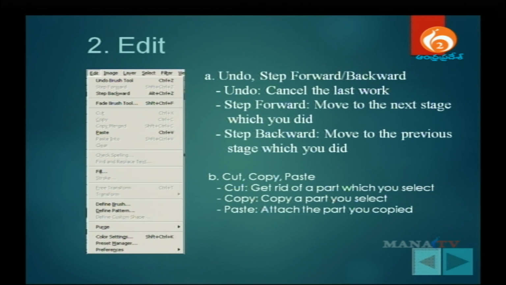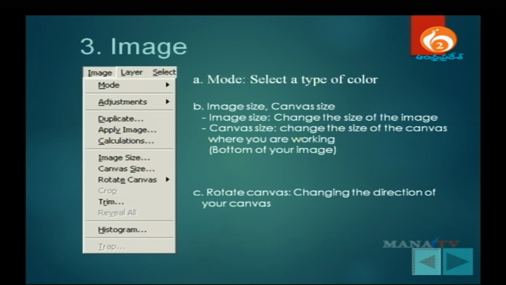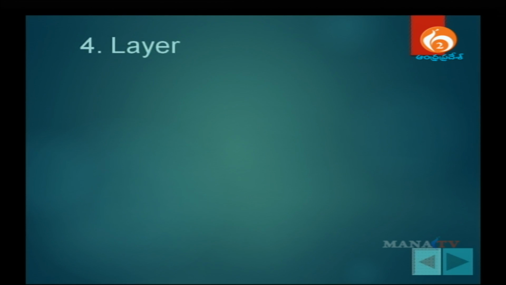Then when I speak about edit, we were learning about undo, redo and a few options, and then we have cut, copy, paste. Then we have image, where we were learning about type of color, image size, canvas size, and of course how to rotate the canvas. So these 3 were the options that we were learning yesterday.